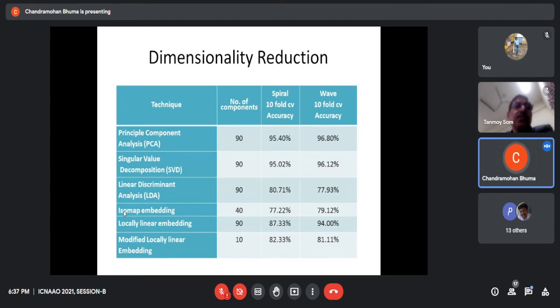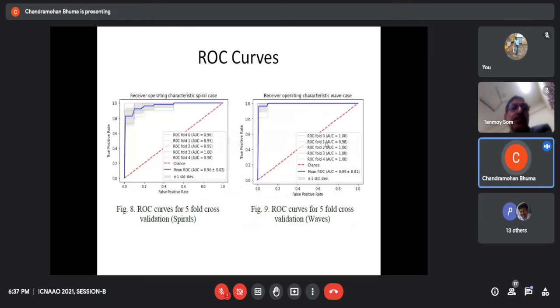For example, principal component analysis, singular value decomposition, linear discriminant analysis, and other techniques I have employed by reducing the number of components. With just 90 components, PCA is able to offer 95.4, and for the wave case, it is 96.8. So the feature vector size is increased by concatenation and model selection, then its dimensionality is reduced using dimensionality reduction techniques.